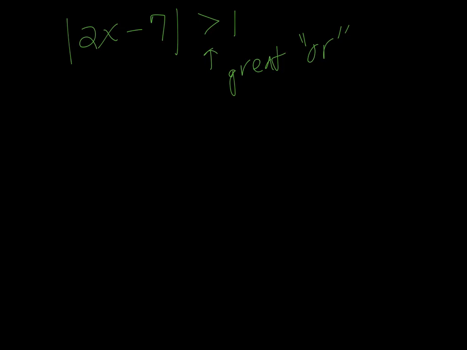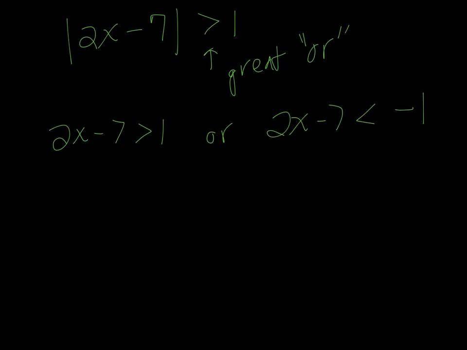So an example of that could be the absolute value of 2x minus 7 is greater than 1. Since it's a greater than symbol, we're thinking or. So the first inequality is exactly the same. The second inequality, or, we're going to change the symbol to less than and change the sign to negative 1.